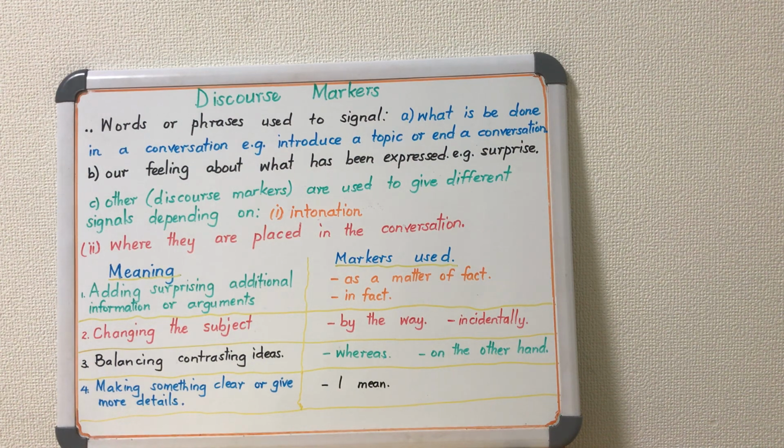Aspect number two, we use discourse markers to express our feeling about what has been said, e.g., surprise. The third aspect on discourse markers is that, wherever they are used, they give a different signal depending on intonation.